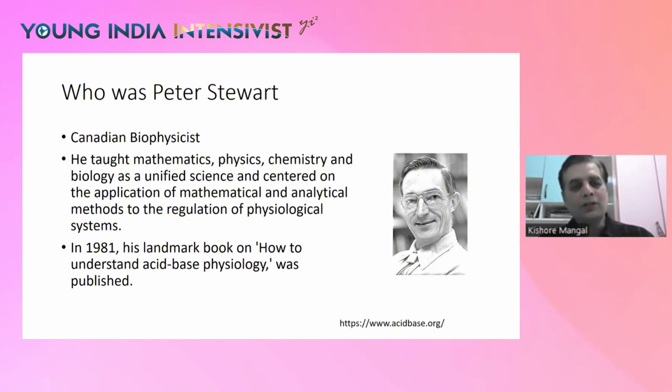So you cannot keep them separate. He tried to combine all these four streams and centered on the application of mathematical and analytical methods to the regulation of physiological systems. So he combined these things, and ultimately when he looked at acid-base physiology, he wrote a book on this, and that is a landmark in understanding acid-base physiology till today.